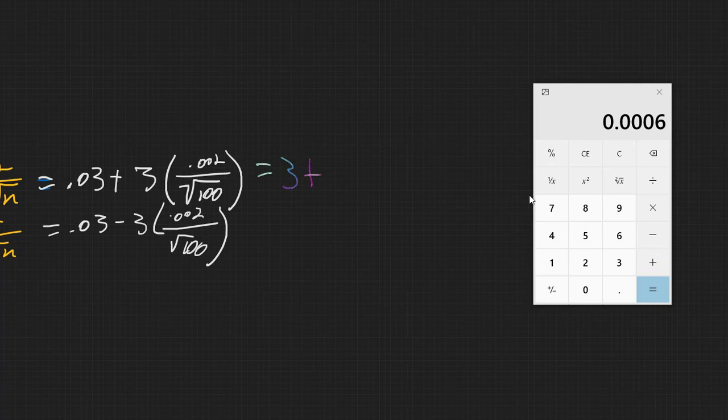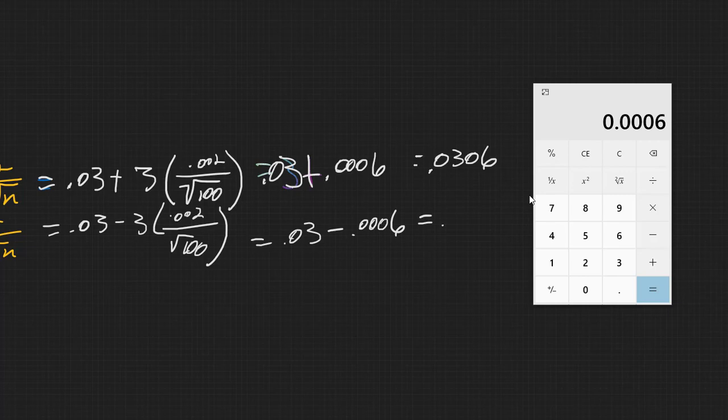Okay, so this is going to be 0.03 plus 0.0006, which is 0.0306. And the other one is 0.03 minus 0.0006, which is 0.0294.